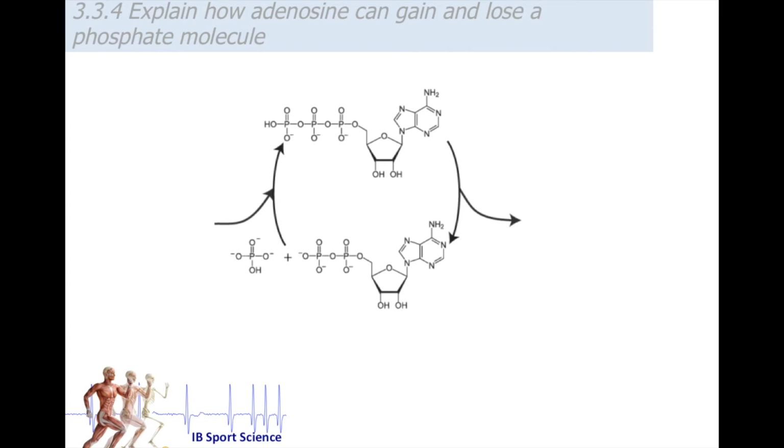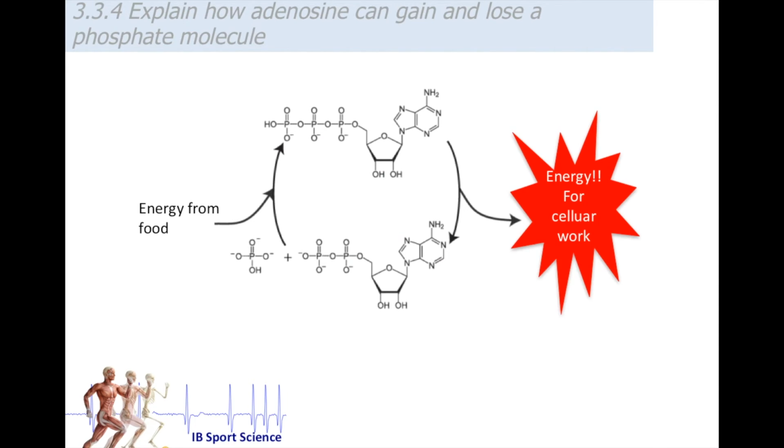So essentially what happens in our body is our ATP is constantly being broken down into ADP, as we can see here, and then being built back up into ATP. So how does this happen in reality? Well, we have an energy input to the system, which is energy that comes into our body from our food. And we have an energy output, which is what we use for cellular work.